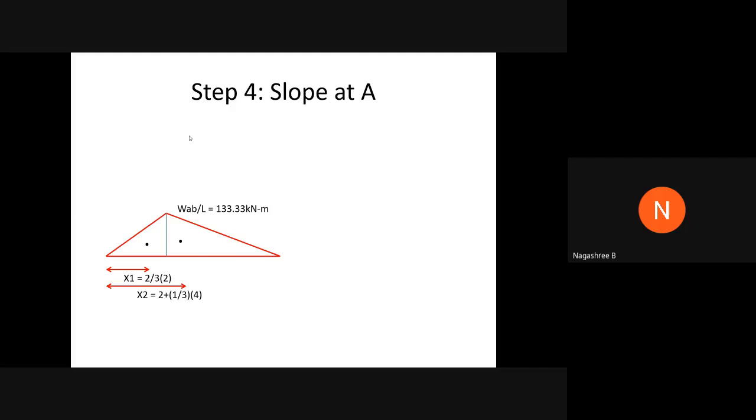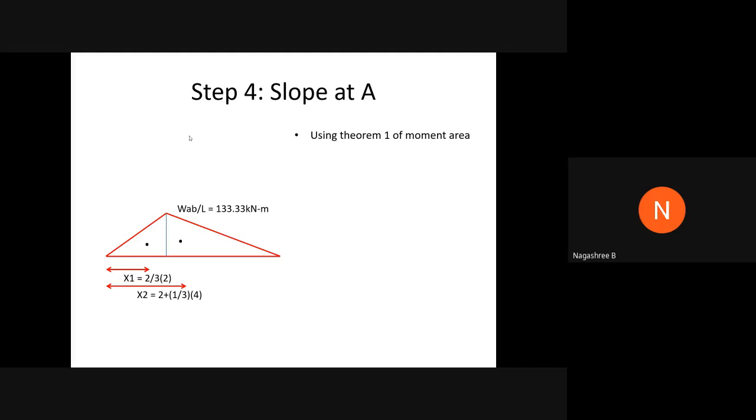So coming on to determination of slope at A. As a part of B, we have determined deflection at B and slope at B. Now, as in the case of point A, we are supposed to determine the slope at A. Here I have again taken the bending moment diagram into consideration. The moment area method is based on two theorems.